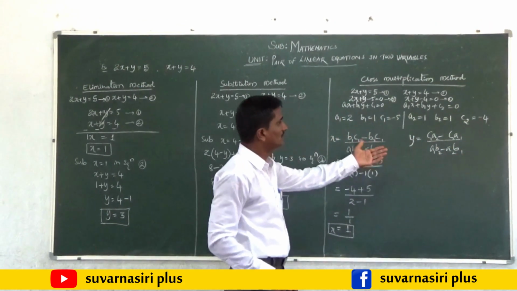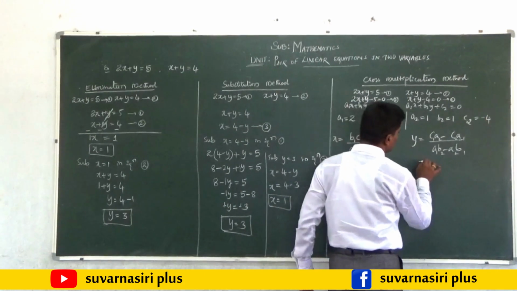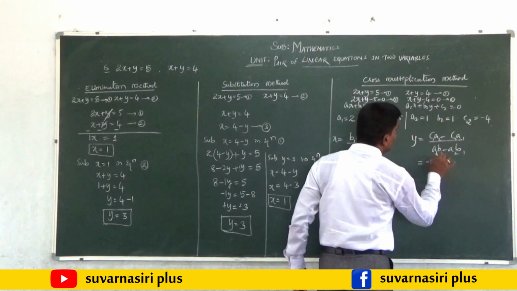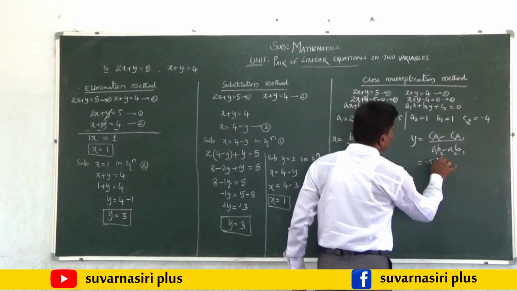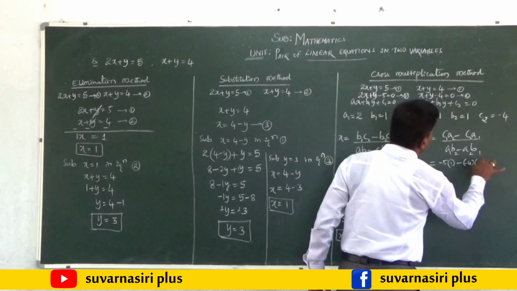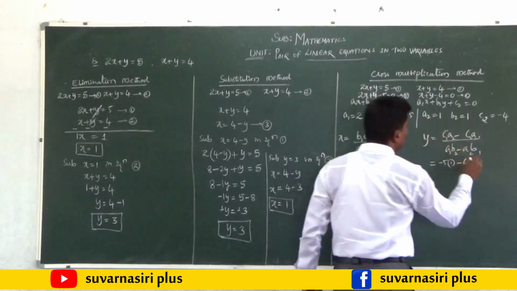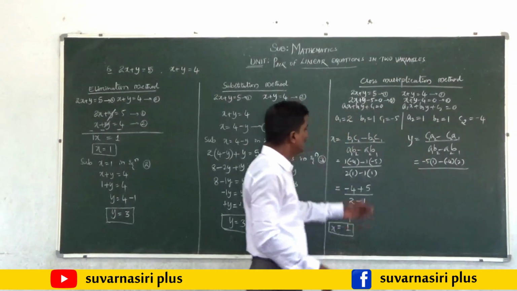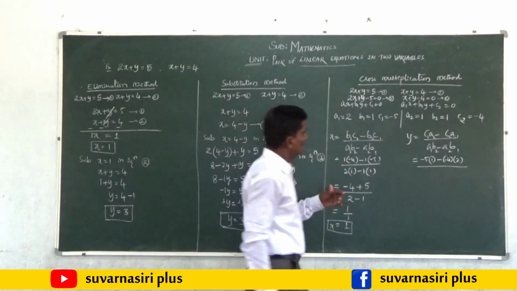Again substitute the values here. y is equal to c1 minus 5 into a2 1 minus c2 minus 4 into a1 2, whole by a1 2, b2 1, already substituted in the first formula.